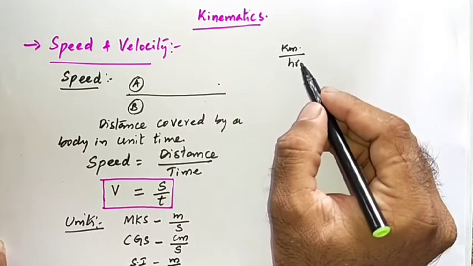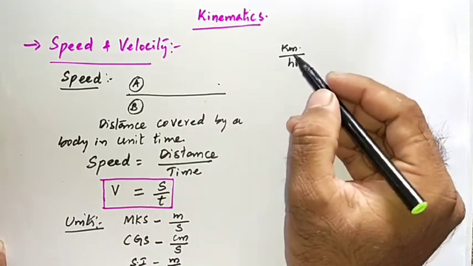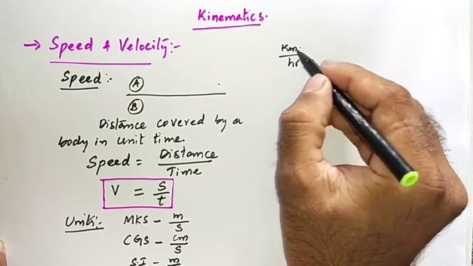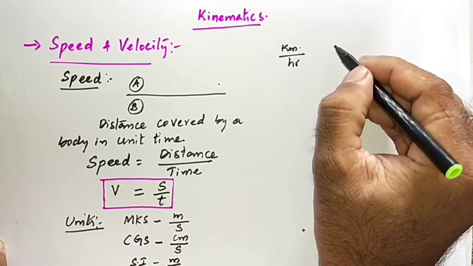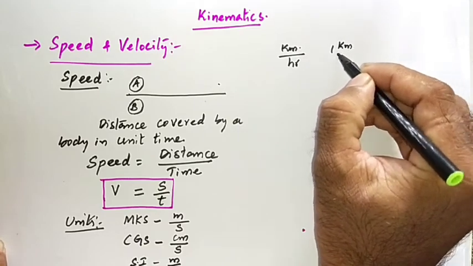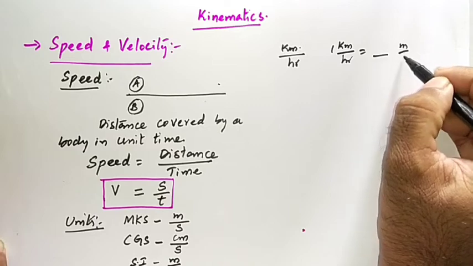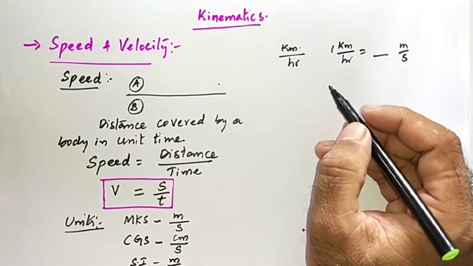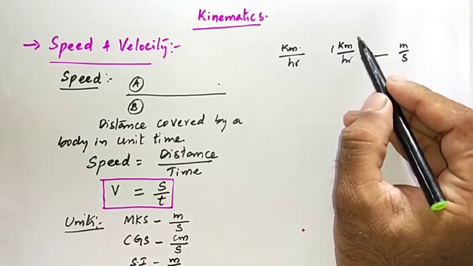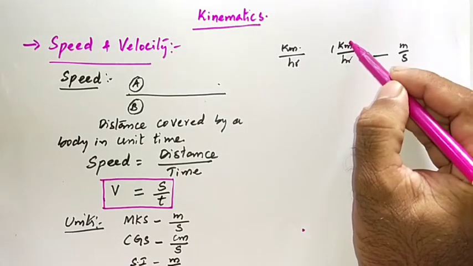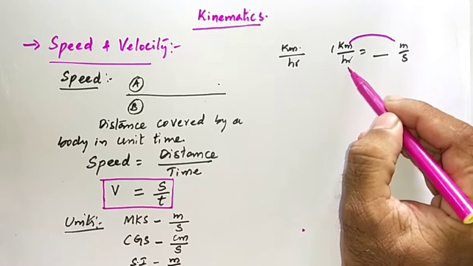Now it is the bigger unit of speed. I want to convert kilometer per hour into meters per second. 1 kilometer per hour is equal to how many meters per second? You have to convert kilometers into meters and hours into seconds.